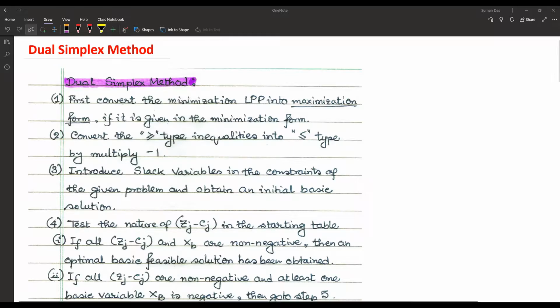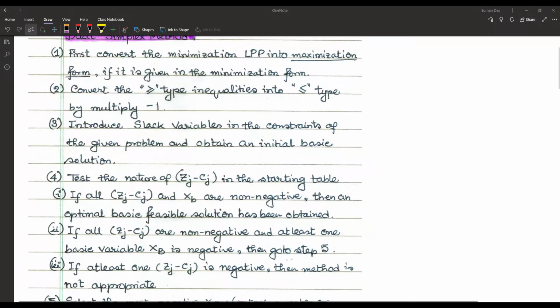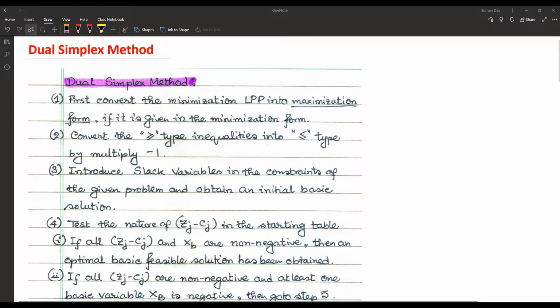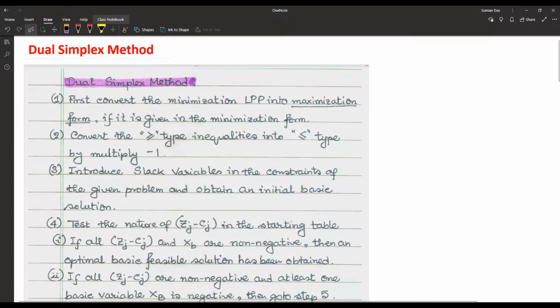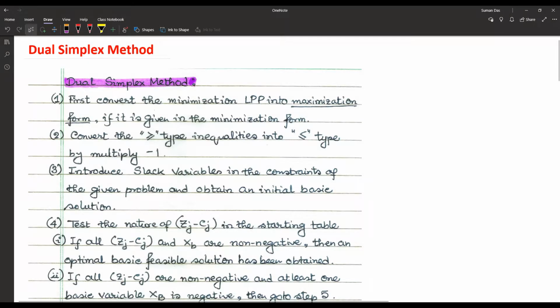Now what are the steps of dual simplex method? Before we start with any problem, at first look at the first step. First, convert the minimization LPP into maximization LPP form.